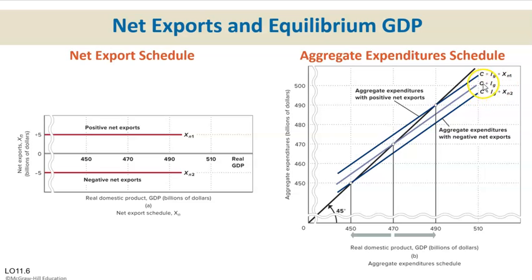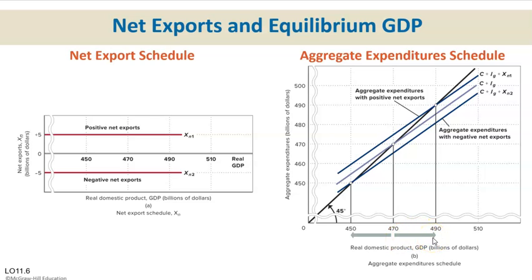Or we could have our aggregate expenditures fall, and that would happen if we have negative net exports and we're importing more than we're exporting. Either way, you can notice the multiplier effect happening here. If our exports increase, that would push aggregate expenditures up just a little bit, and that would cause a much greater increase in GDP.